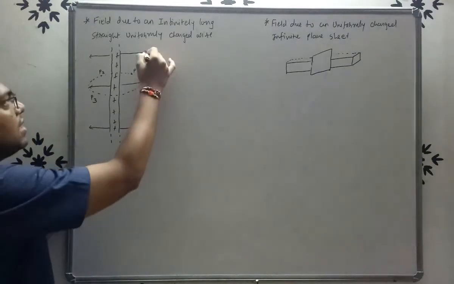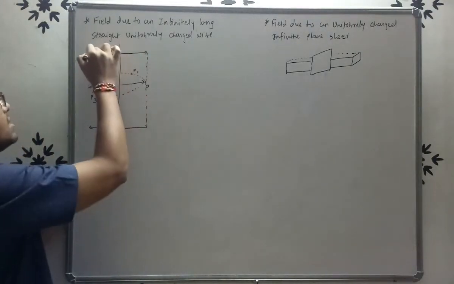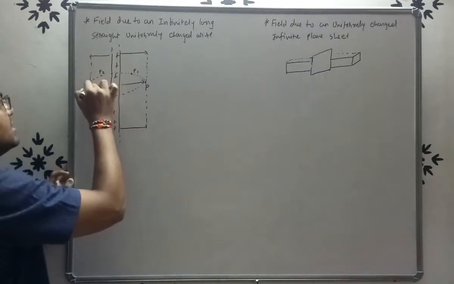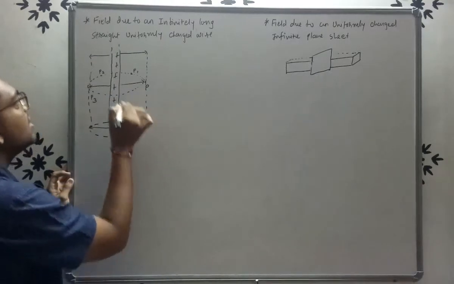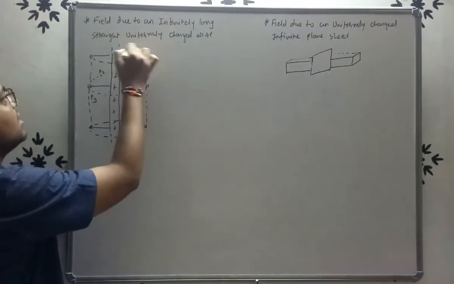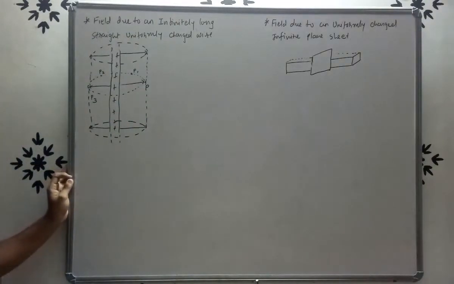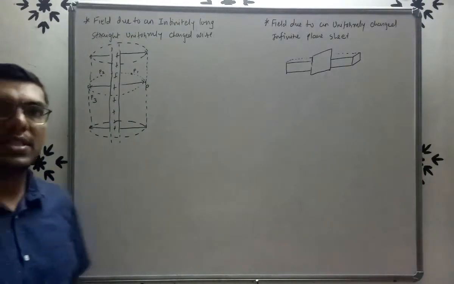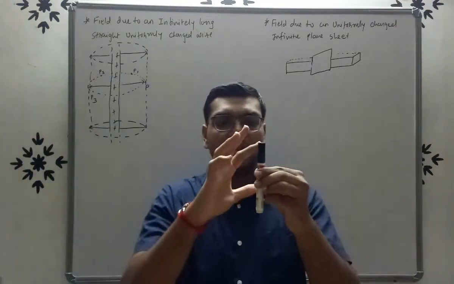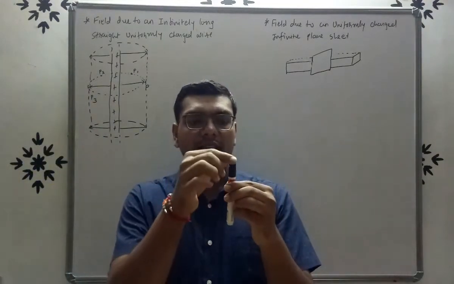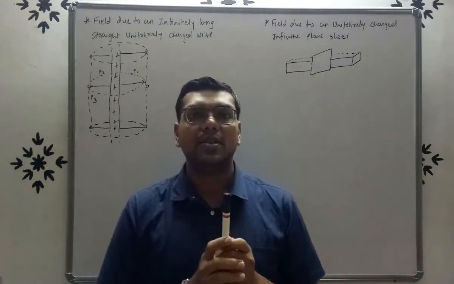Here, if we have to consider a Gaussian surface, it is a cylindrical Gaussian surface like this, right? See friends, this is the cylindrical Gaussian surface. Now see here friends, this is the wire, a wire having infinite length.